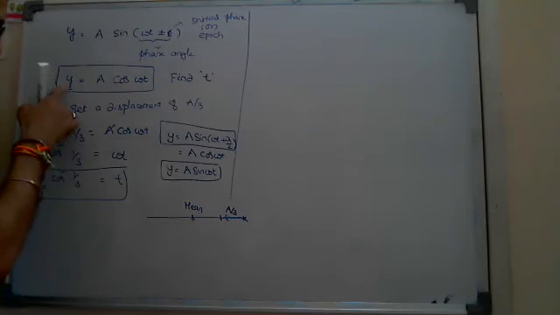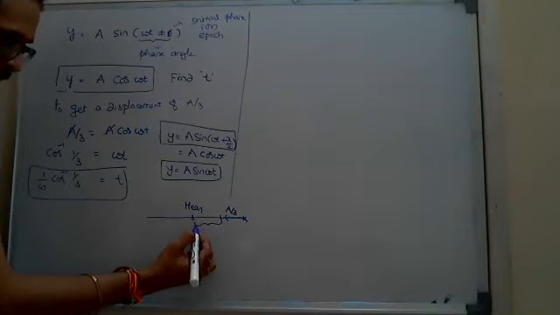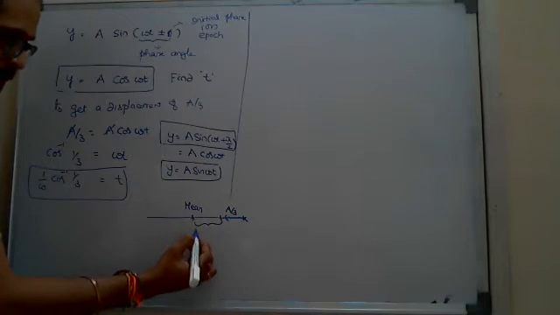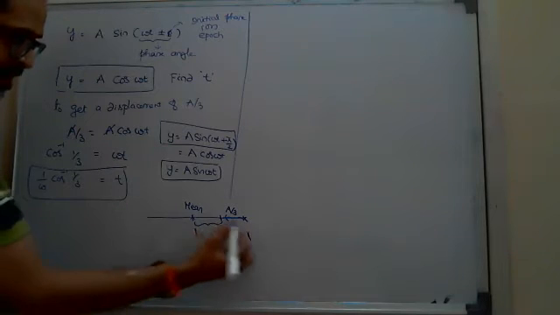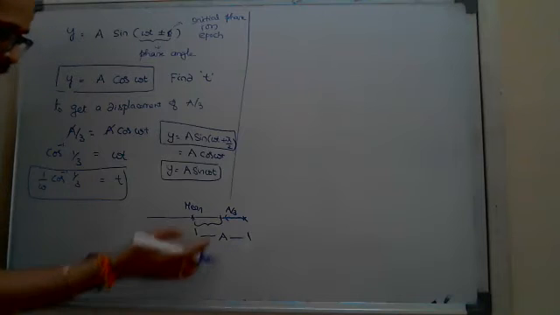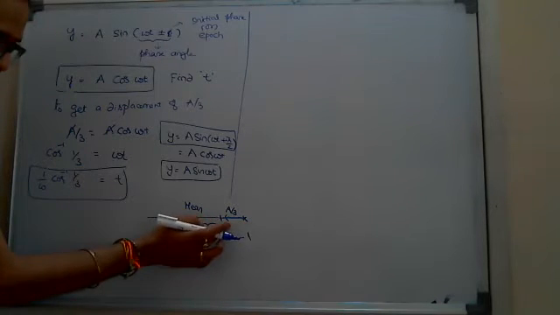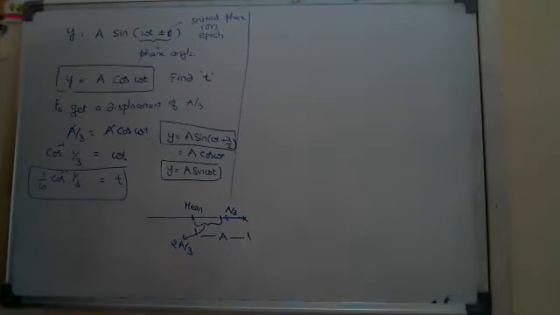The y in the equation we have to measure from the mean position. This is not a by 3. From the mean position to the extreme position is the maximum displacement on one side, that is the amplitude. So from the mean position to that position, after traveling a displacement of a by 3 from the extreme, it is 2a by 3 now.